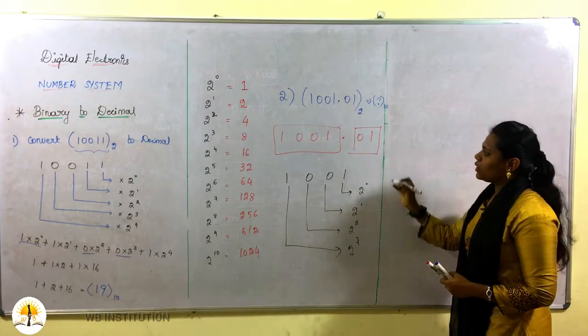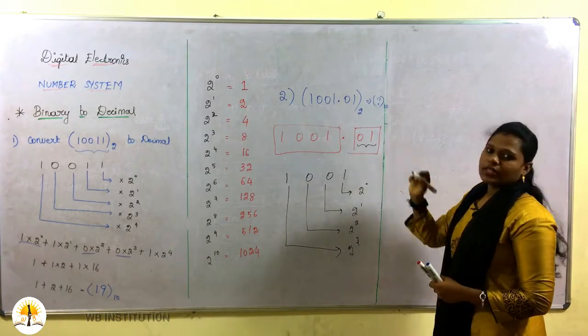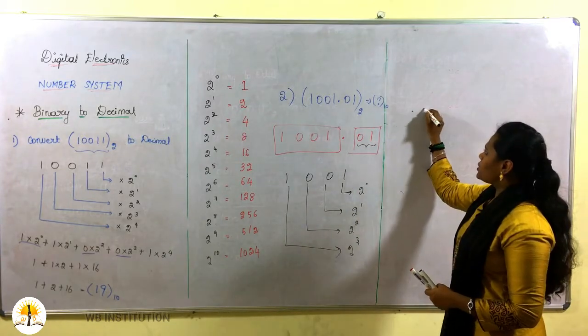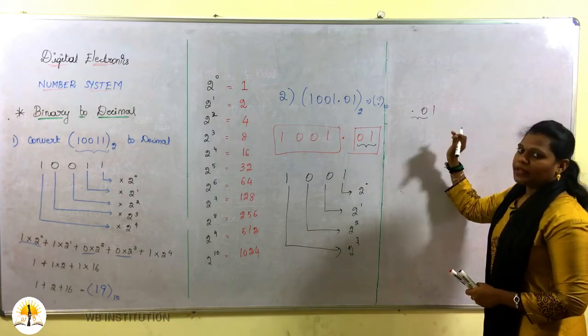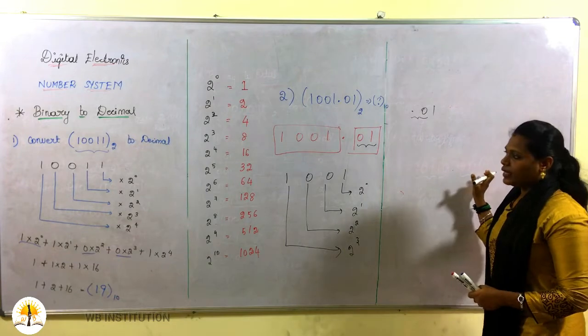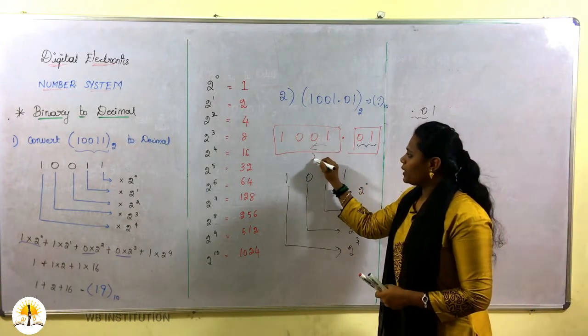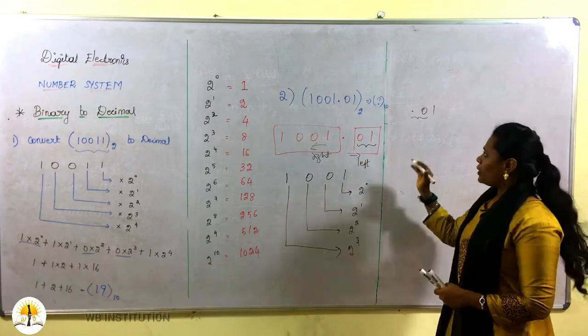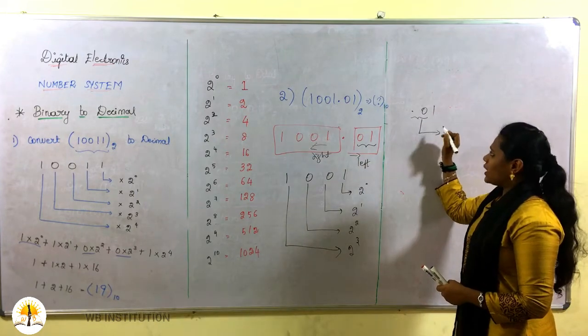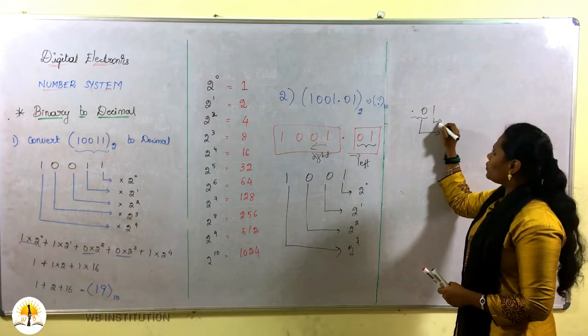Coming to after the decimal point, what do we have to do? So 0.01 is there, right? Just take the bits from the right before the decimal point and from the left after the decimal point. First take this 0, and only later take 1.